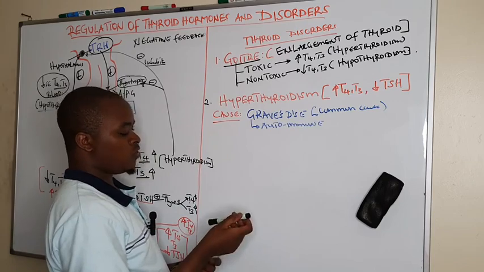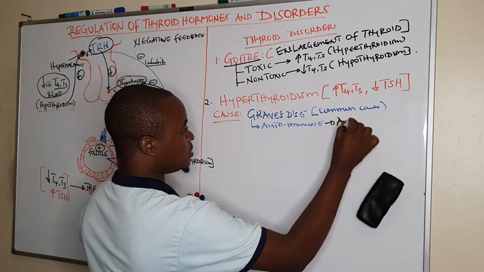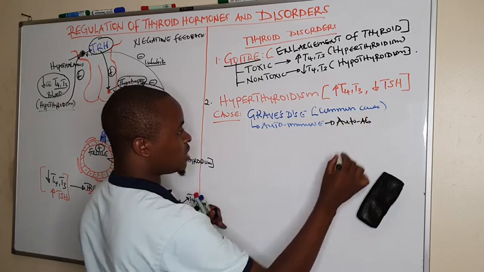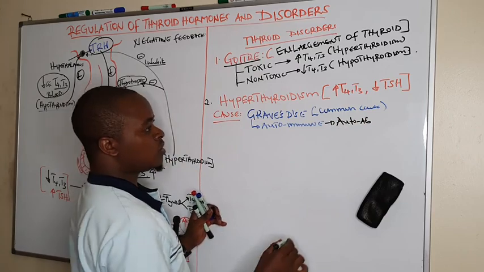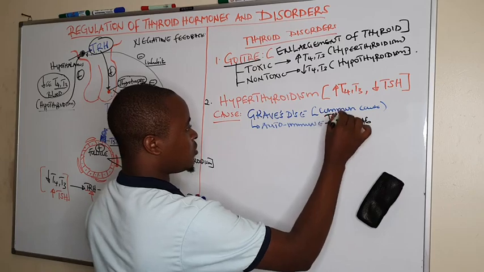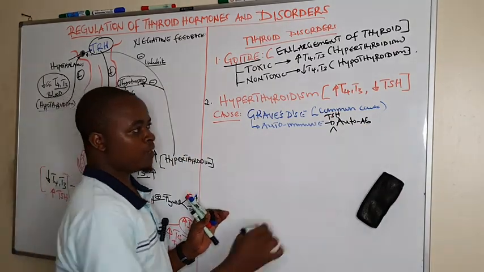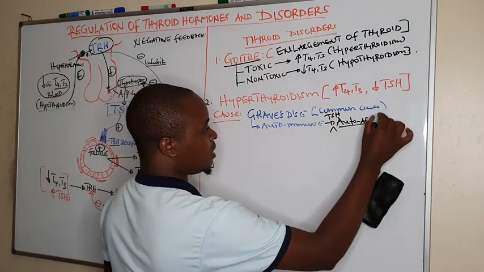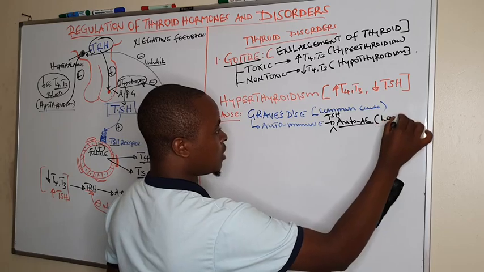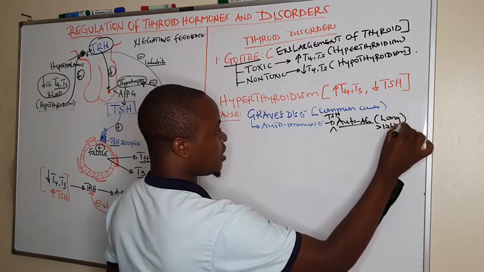This is an autoimmune disorder whereby your own body is producing autoantibodies which resemble TSH. So we can call them TSH autoantibodies. And these autoantibodies act long, whereby they can act for greater than 12 hours.